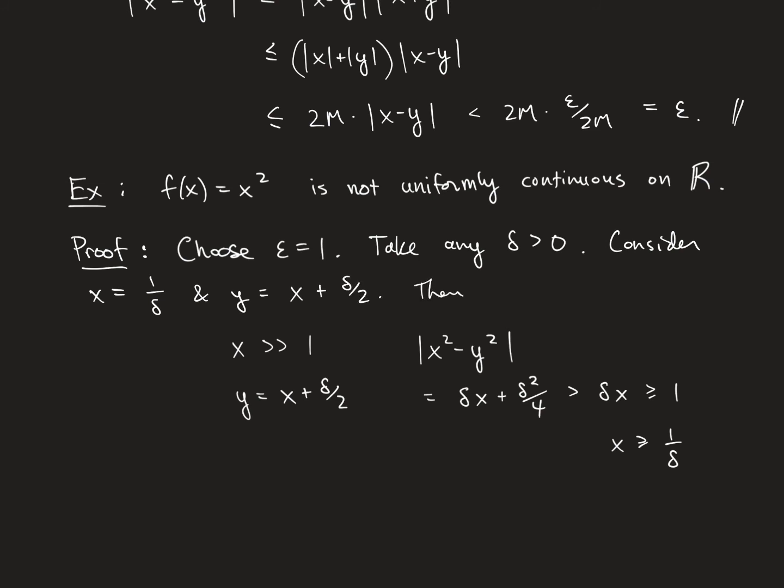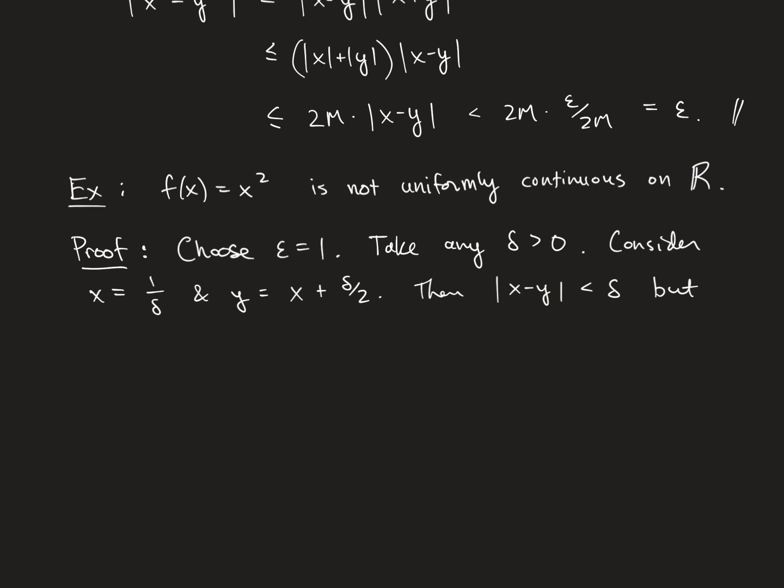So then x and y are within delta of each other, but their function values are not close together. But x squared minus y squared is equal to delta x plus delta squared over 4, which is bigger than delta x, which is equal to delta times 1 over delta, which is equal to 1, which is bigger than or equal to epsilon.